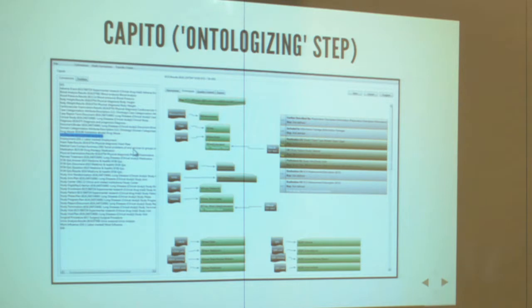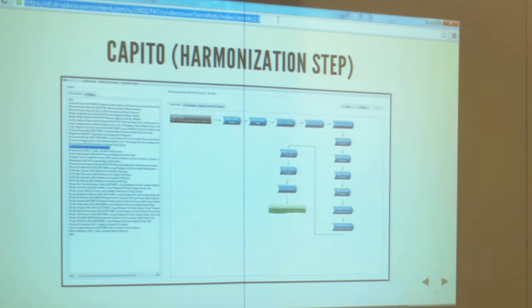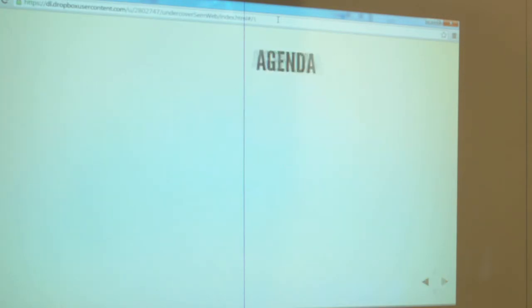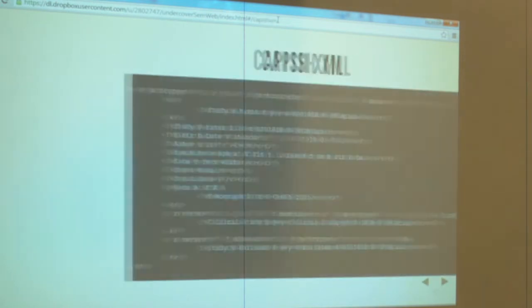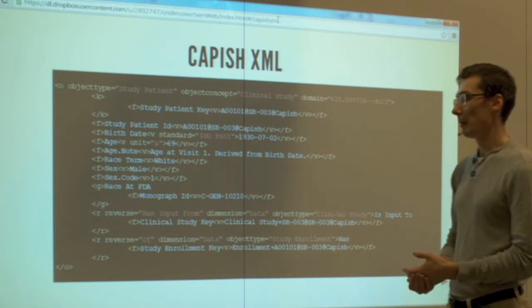So there is an advantage in having a data model which is almost human readable.